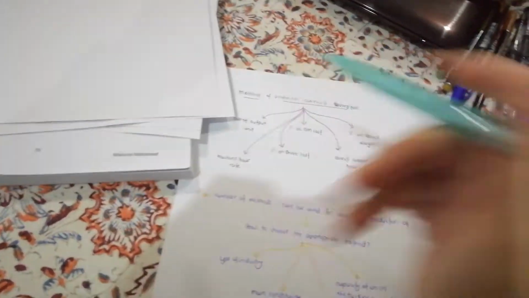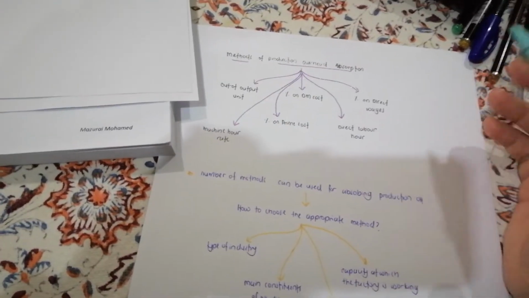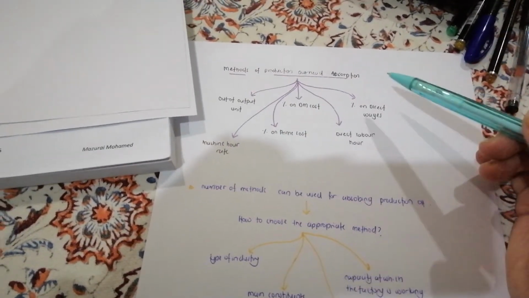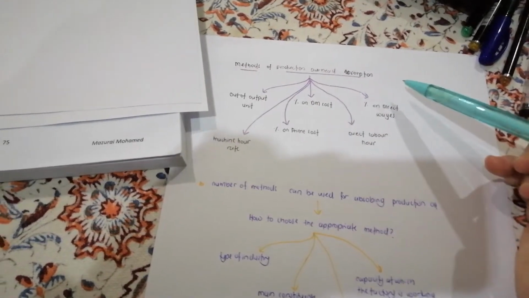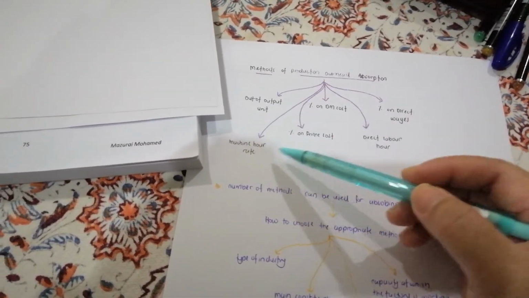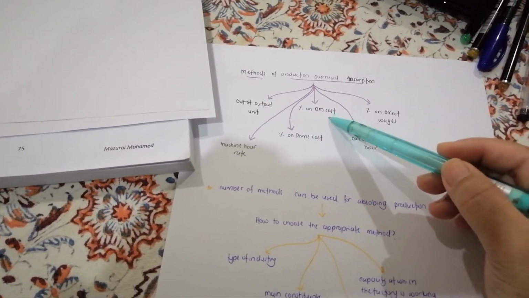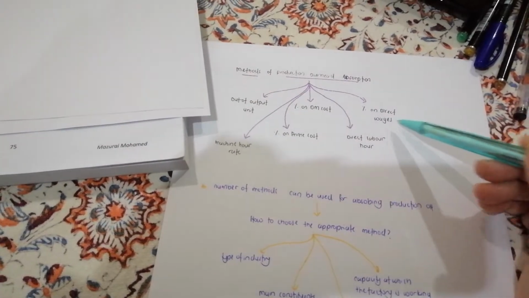Alright, methods. Actually there are multiple methods that we can use to calculate the overhead absorption rate. Kita ada output units, machine hours, the prime cost, percentage of direct material cost, direct labor hours, and direct wages.